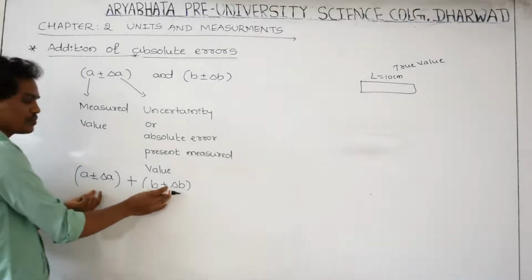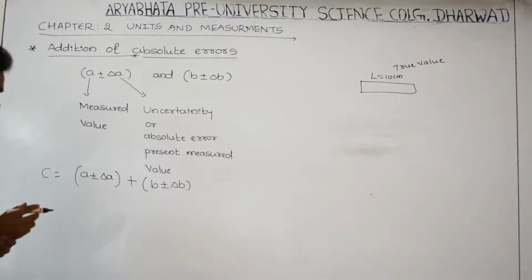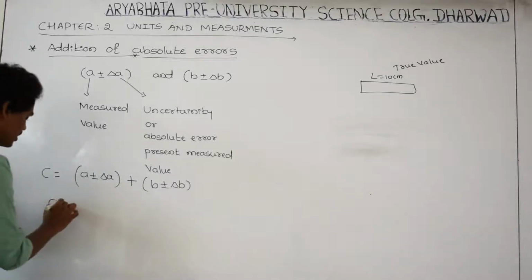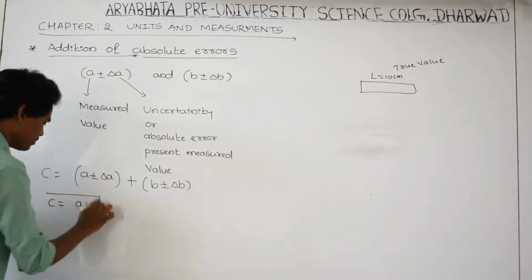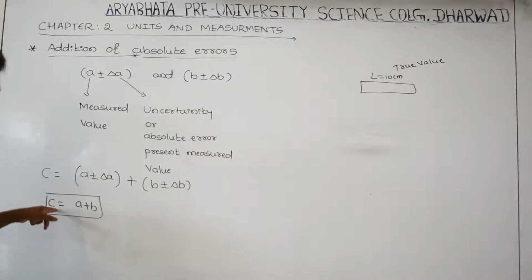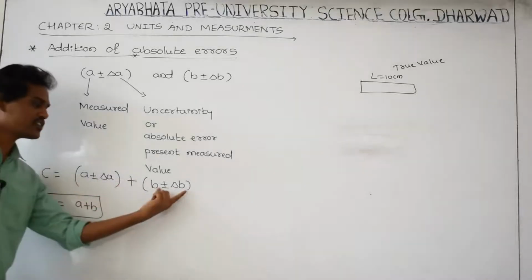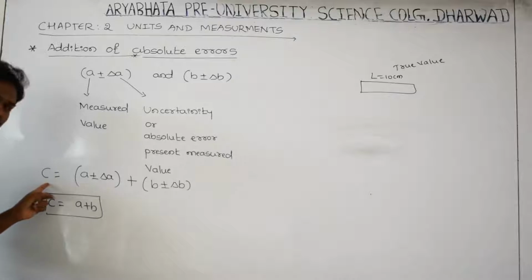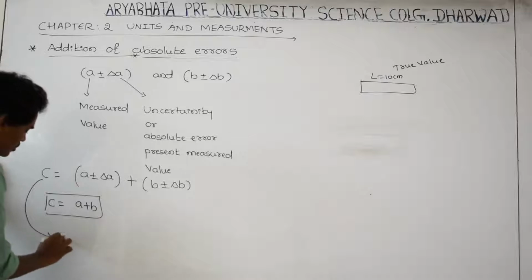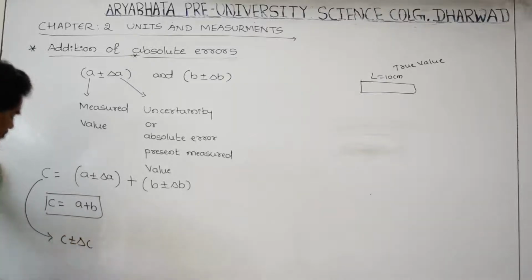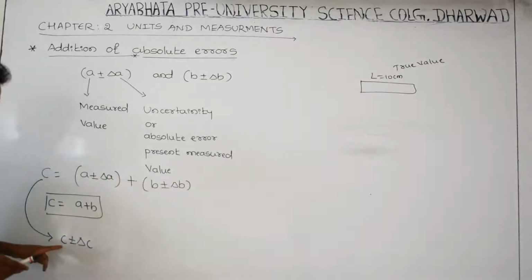After adding these two, the result that I am getting is C. Here I am writing C is equal to A plus B. After adding this quantity and this quantity, you get C, and C also has some error. The error present in C, I am writing as C plus or minus delta C. What is C? This value plus this value, that is C. And what is delta C?